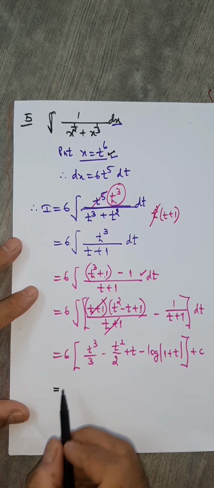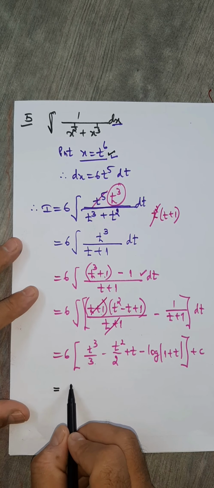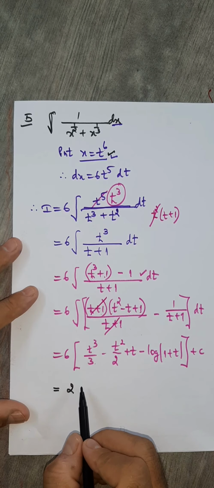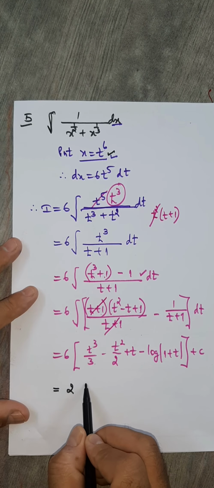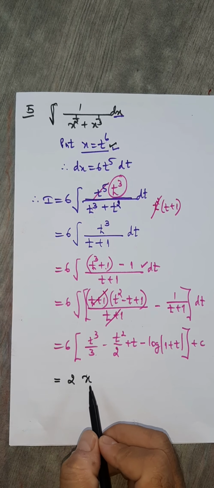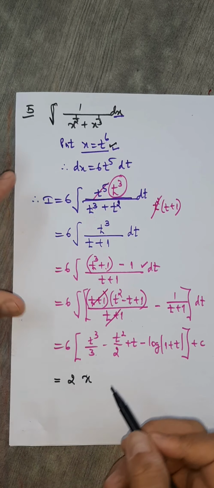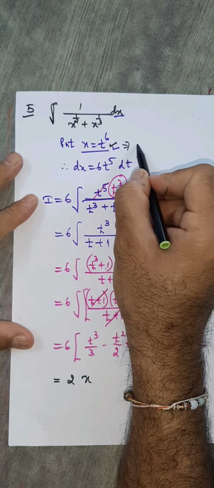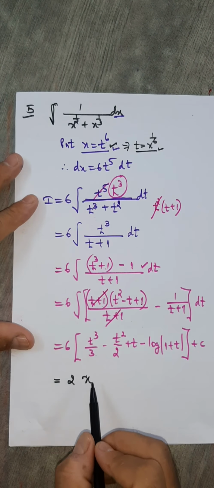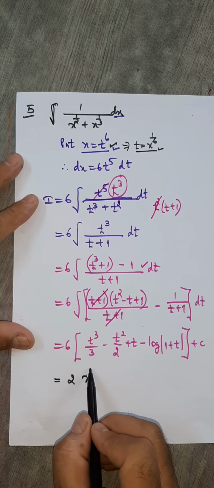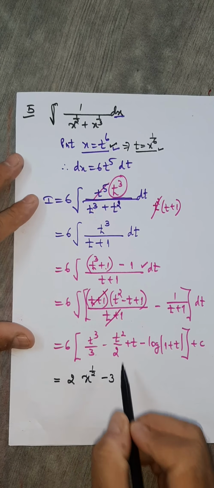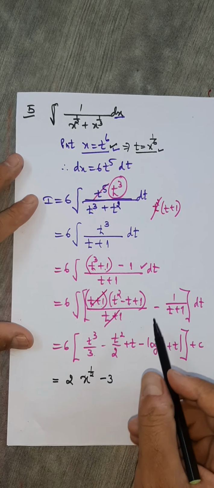And simultaneously I'll take 6 inside. So 6 by 3, which is 2. What is t cubed? You just go back to this, you'll realize what is t: x raised to 1 by 6, remember. So here you will get the cube is already there, raised to 1 by 2, and 6 by 3 is 2, and 3 t squared.